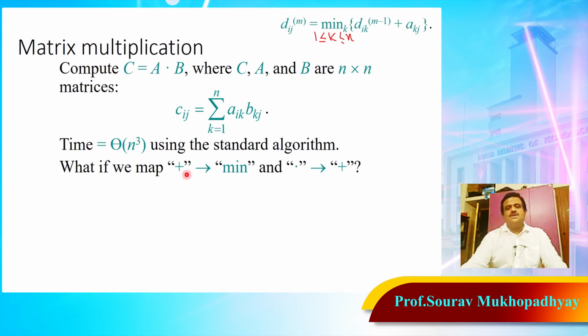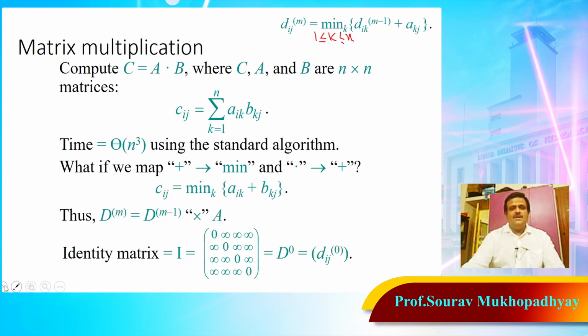So, we just consider this minimum as the sum, and this plus as the dot product, and this will be the matrix multiplication, which is how we can think of it.